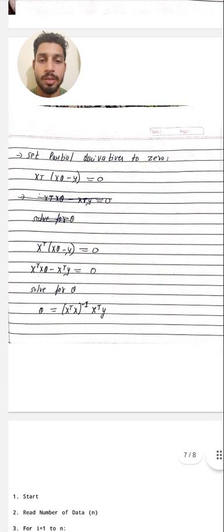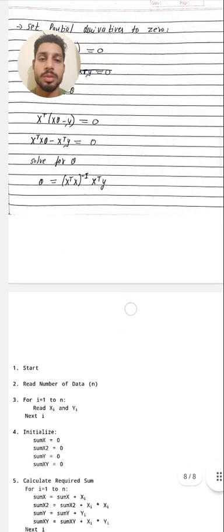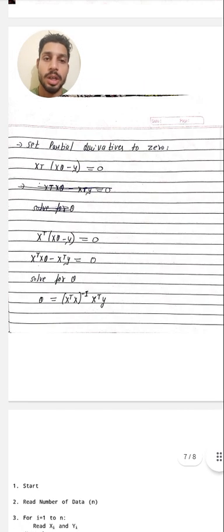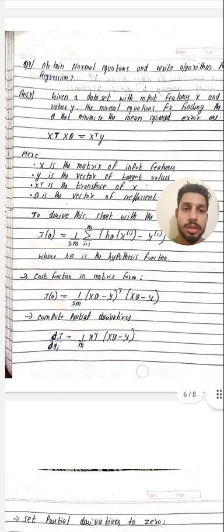When we open the bracket, we get X transpose X theta minus X transpose y is equal to 0. When we solve this equation for theta, we get our normal equation. So this was the derivation of the normal equation from the cost function.